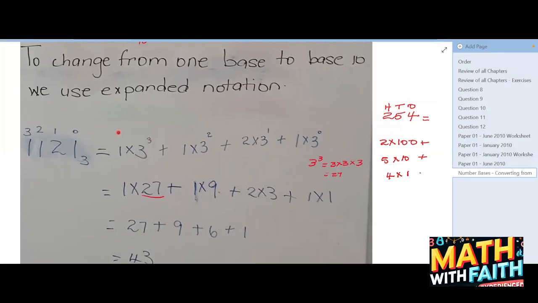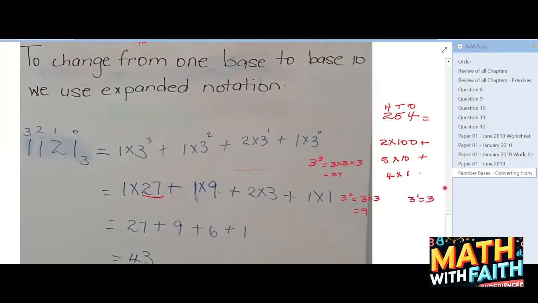Plus 1 by 3 squared. What is 3 squared? 3 squared is equal to 3 multiplied by itself 2 times. That's what the squared means. 3 by 3 is 9. So this will be 1 multiplied by 9 plus 2 multiplied by 3, that's 3 one time, so just 3.